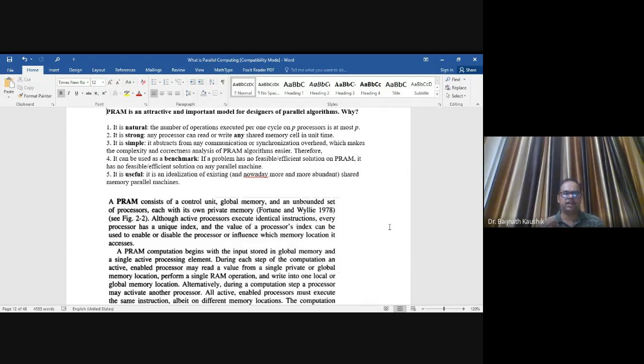The PRAM model is powerful and simple, and it analyzes PRAM algorithms very easily. The fourth point is it can be used as a benchmark.